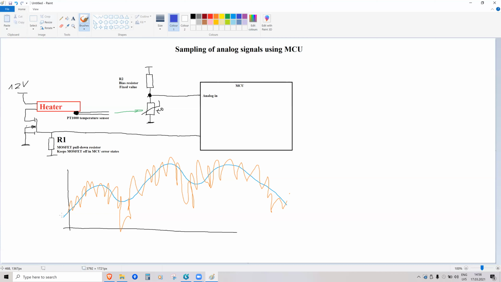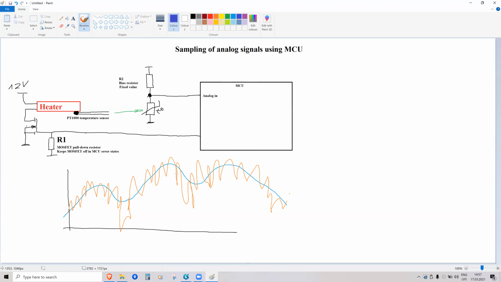You cannot sample it with infinite resolution. You can, for example, sample it with 1,000 samples per second. The theoretical maximum is usually 1,000,000 samples per second, but you can only do it for a short time. Then your microcontroller's memory is full and you need to evaluate the data, do some signal processing, and then you can use it.